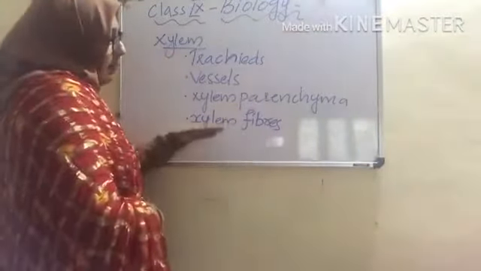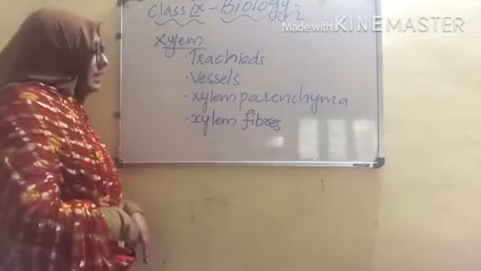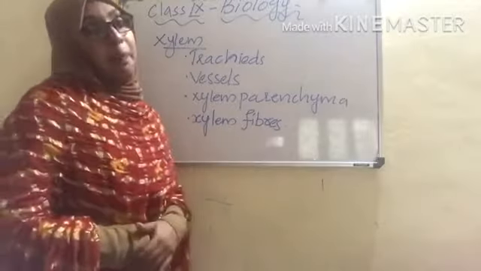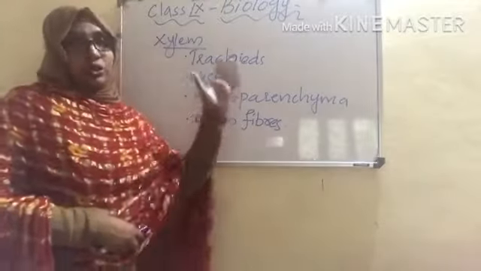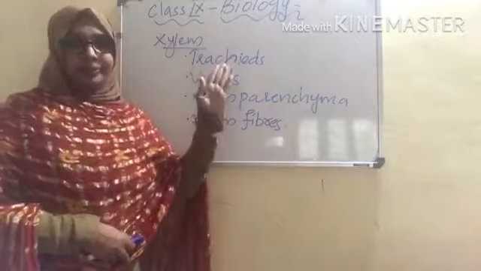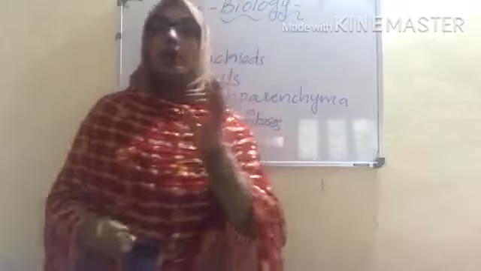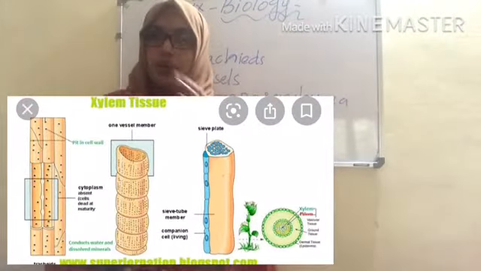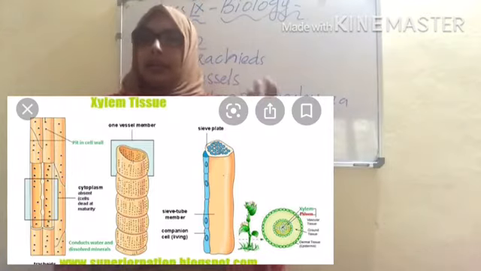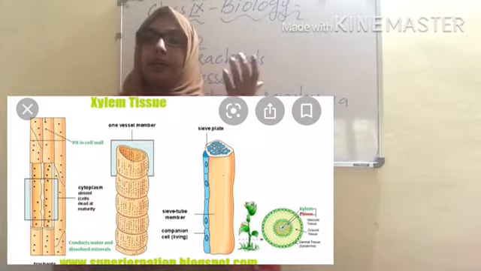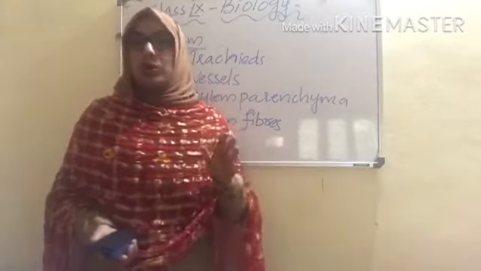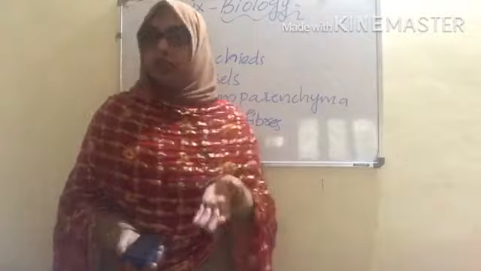And xylem fibers are more or less supportive in nature. They add support to the plants or to the tissues. Clear? So they are the four elements. You have to go through this figure, but no need of drawing. Just understand xylem parenchyma, xylem fibers, then tracheids and vessels. Go through the figure that is depicted in your text also.